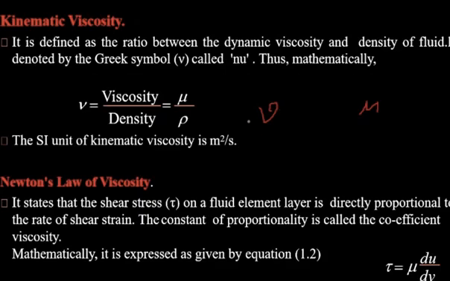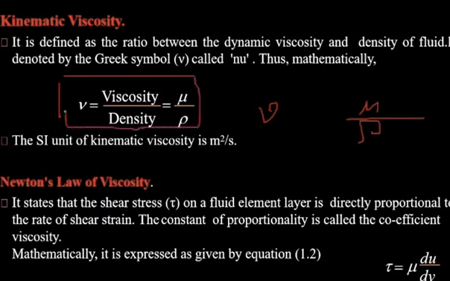It exists when the viscosity is divided by the density. Just remember this. What is the kinematic viscosity unit? It is meter square per second.